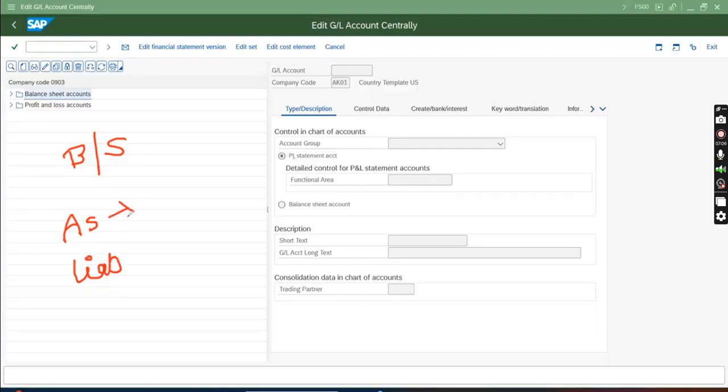Okay. What is an asset? An asset is something which generates cash inflow. For example, for a tailor, the sewing machine is an asset because it generates cash inflow, because people will come to the tailor and ask them to fix clothes.